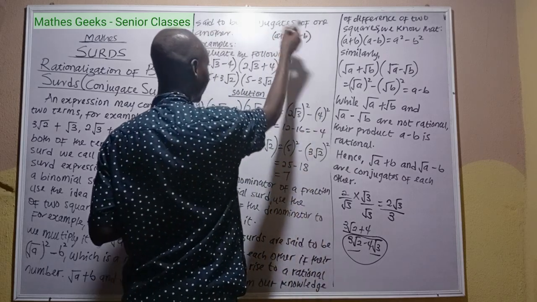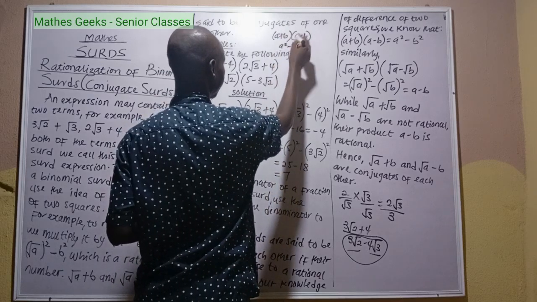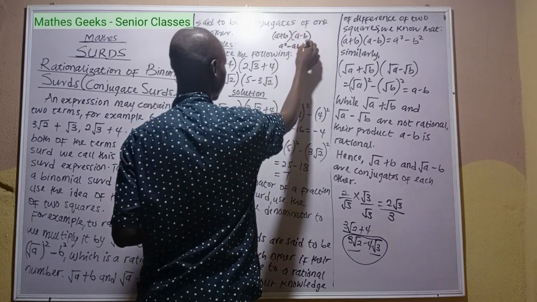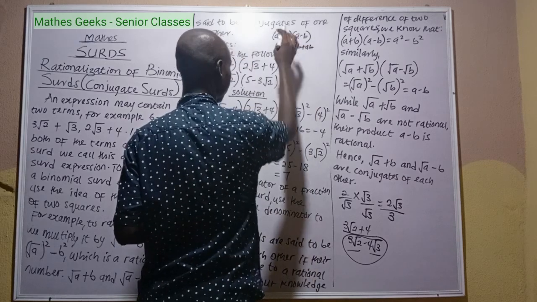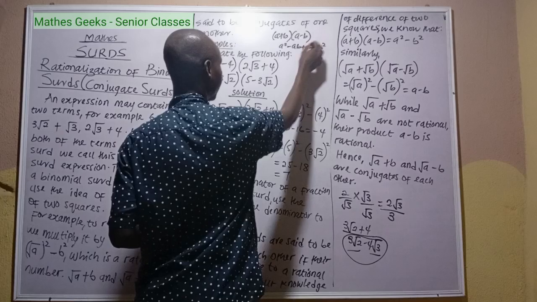So just expand this. A times a is a squared, a times minus b is minus ab, plus b times a will give us plus ab, and plus b times minus b will give us minus b squared. Minus ab plus ab will cancel out.